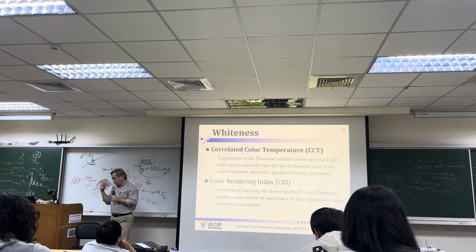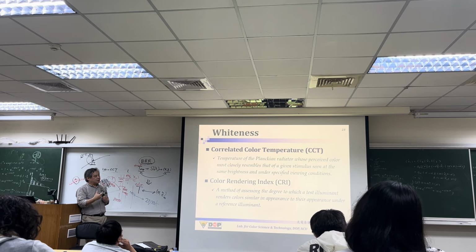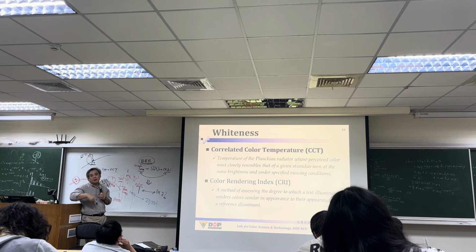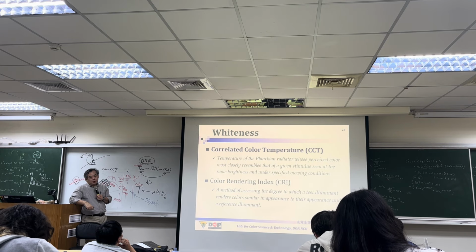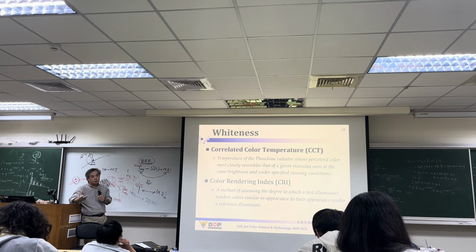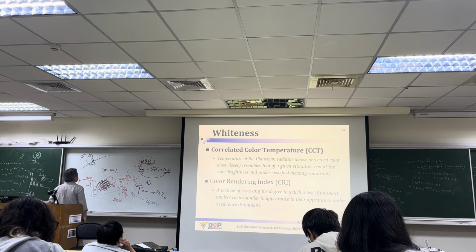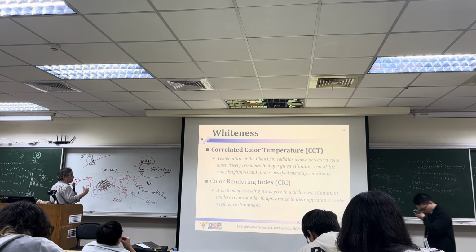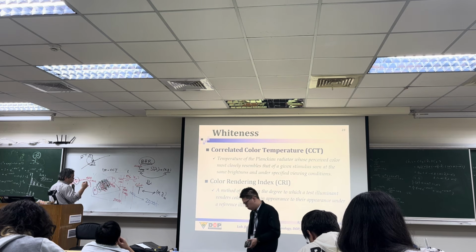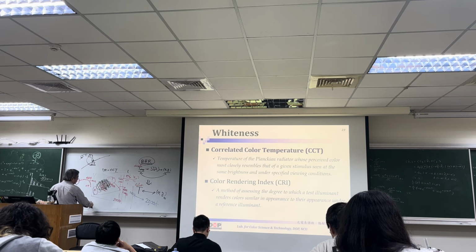But the white, low CCT white or high CCT white, does not exactly determine the quality of the light source. Because we need to shine on every object and help you have a good look, right? So we need another method to test the quality of the light source.